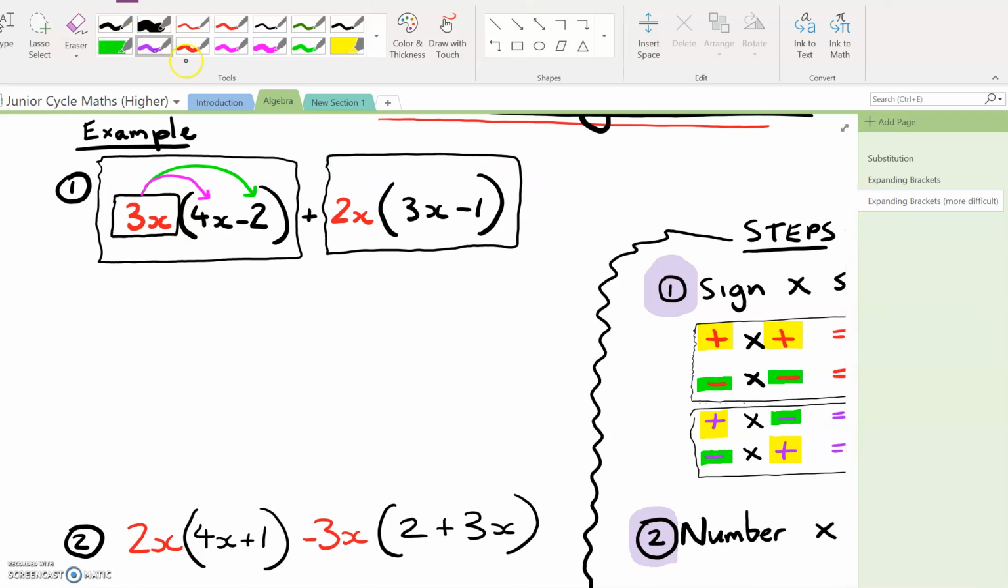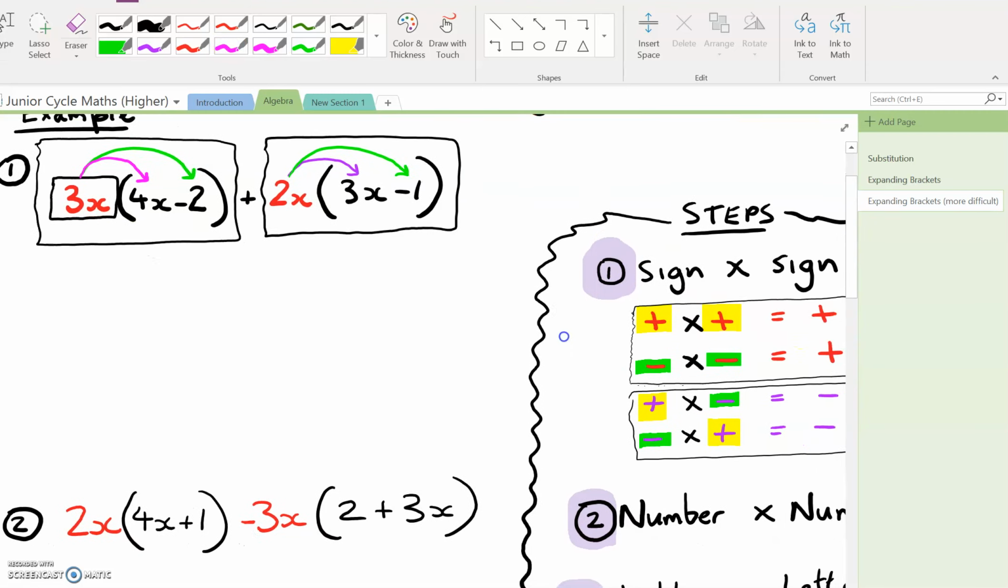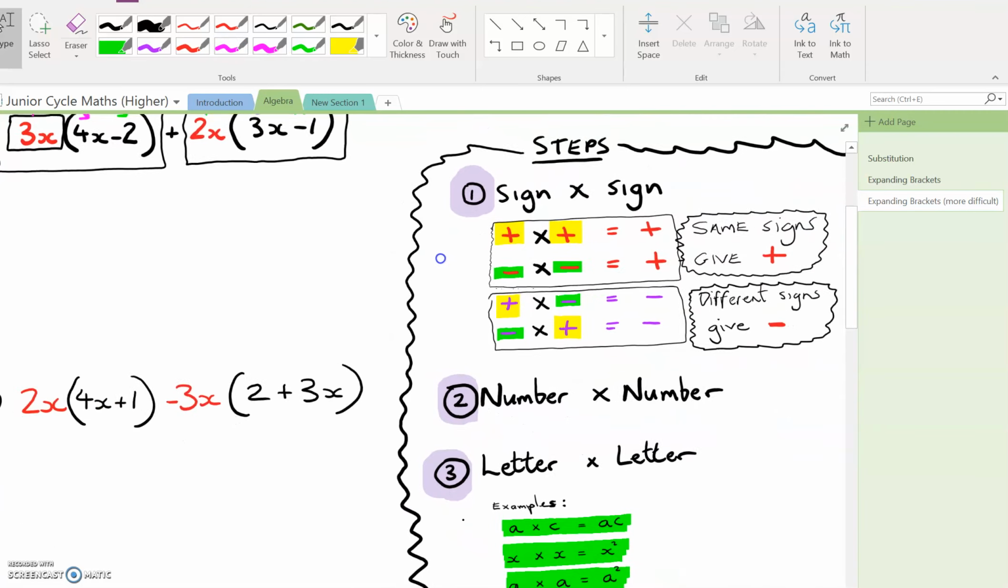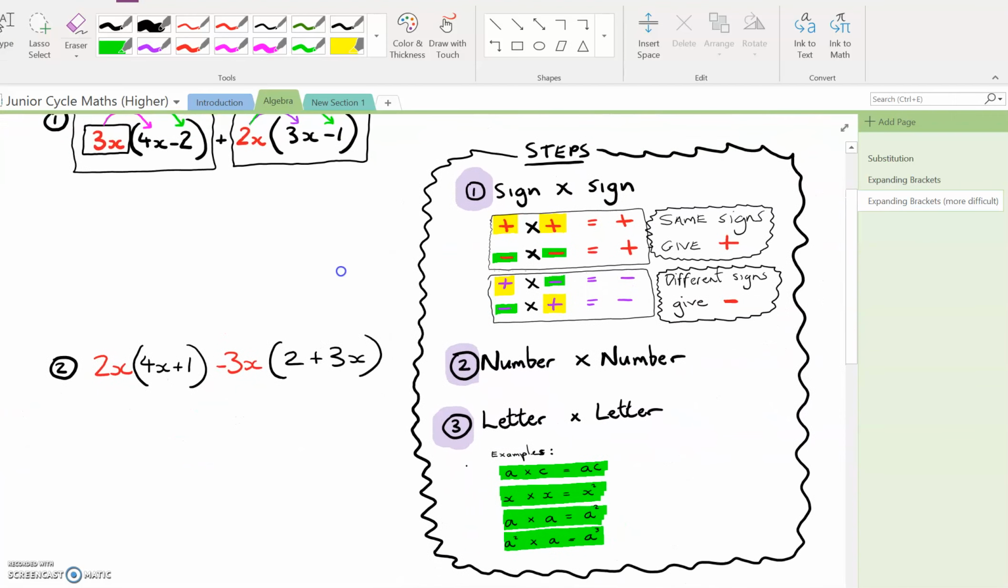So we'll have to multiply this in here and again by the second term. So there's almost twice the work to be done, but we can do it. Remember the steps? These are the steps. They're on the previous video. We looked at them a lot.